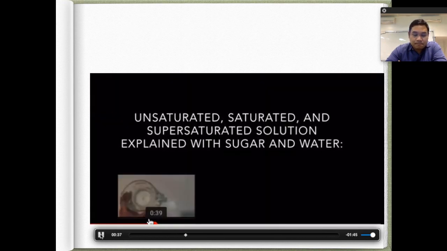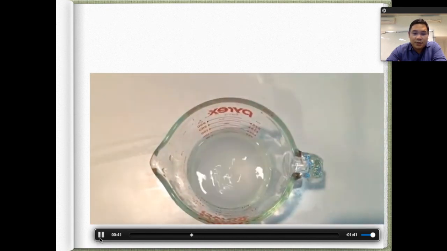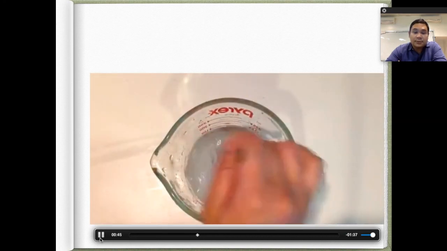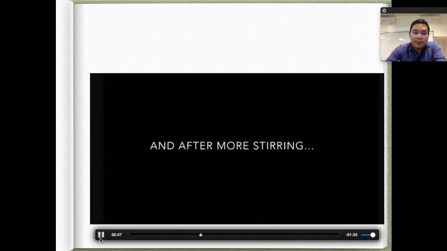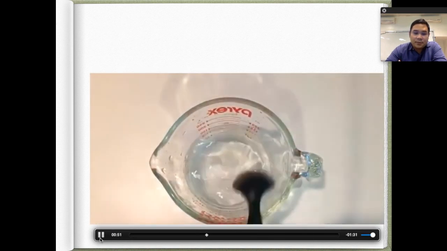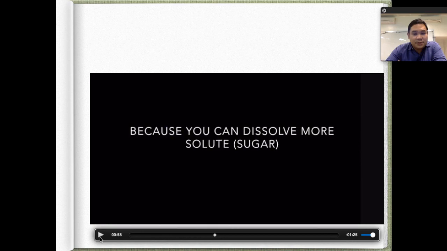This time, I'll use sugar, dissolve it, and keep on stirring it. What can we observe after more stirring? We can observe that the sugar is being dissolved in water. So this one is an example of an unsaturated solution.